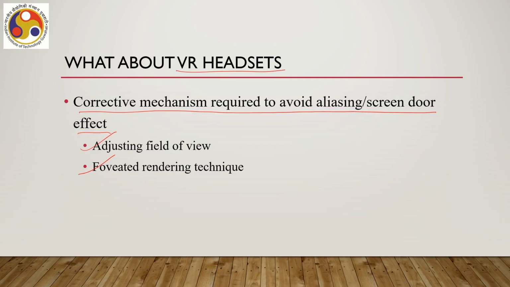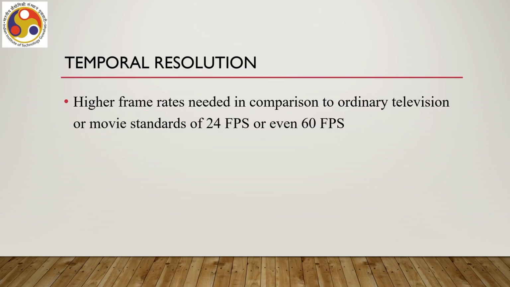These are different ways to render content on the screen, and so on. So, different strategies can be adopted to reduce the effect of aliasing or screen door effect or jaggedness, along with increasing the resolution. That is about spatial resolution.